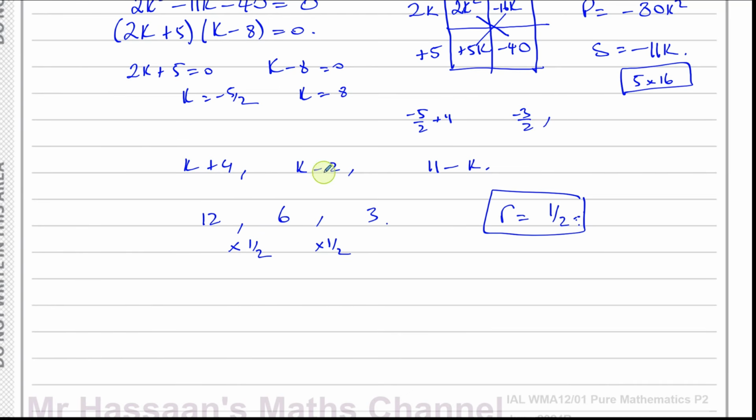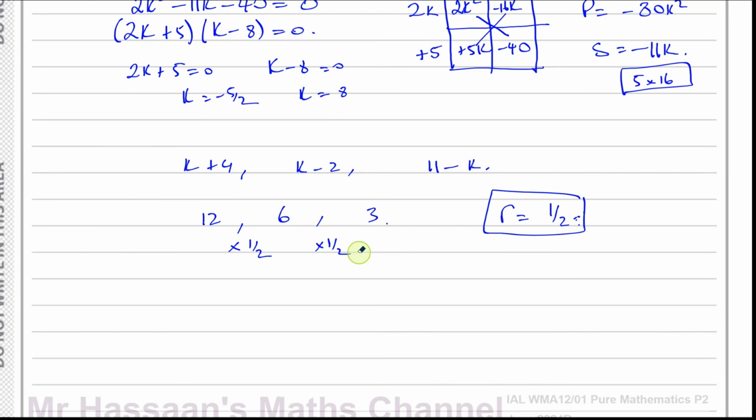Then minus 5 over 2 minus 2 is minus 5 over 2 minus 4 over 2, which gives minus 9 over 2. Then 11 plus 5 over 2 is 22 over 2 plus 5 over 2, which is 27 over 2. That doesn't seem to be giving us anything that we need.